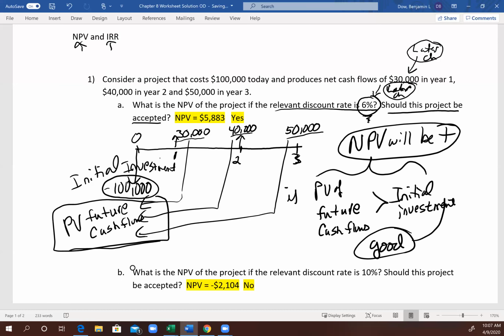So good projects have positive net present values. This project is good because it has a positive net present value. If it has a positive net present value, it means if you were to evaluate it at the end of its life, you'll have made more money than it costs, even after accounting for the interest rate.